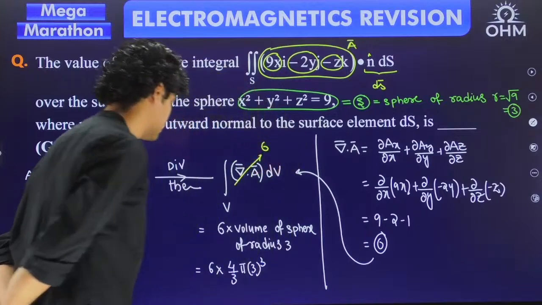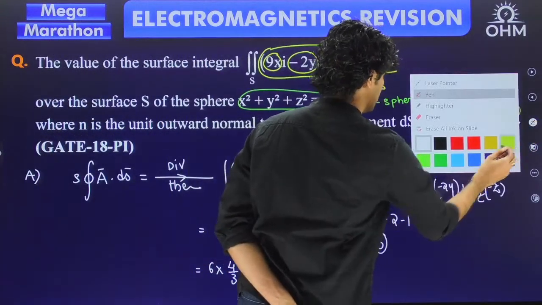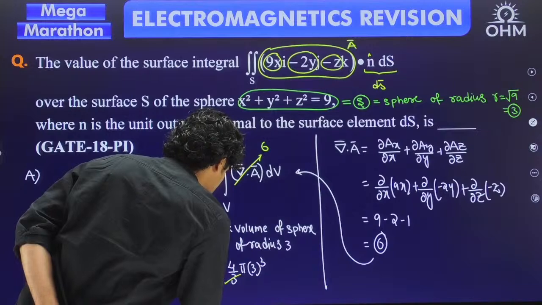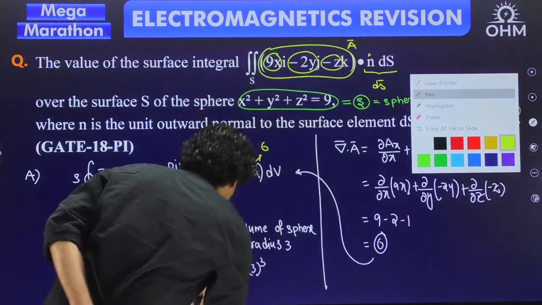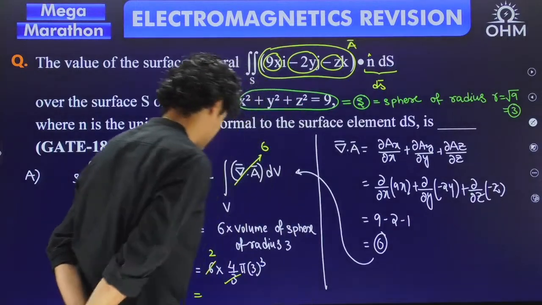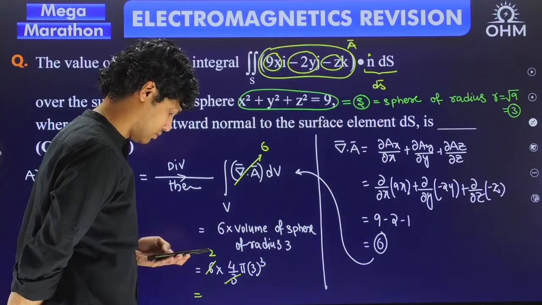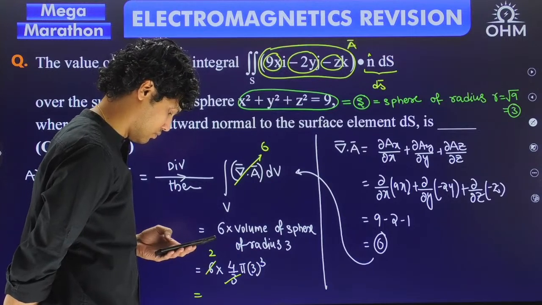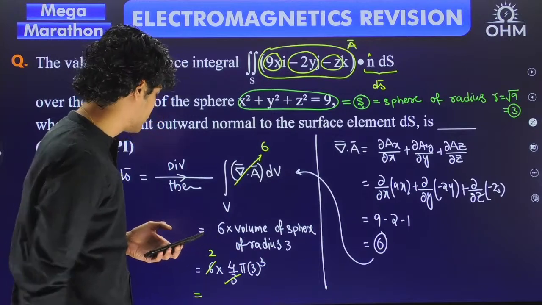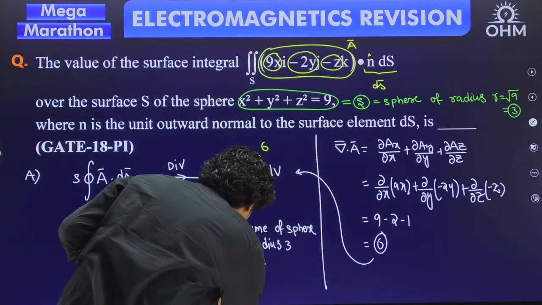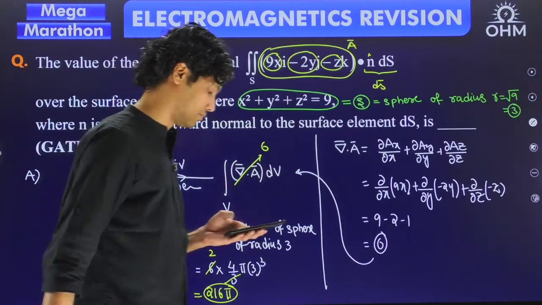If you do the calculation, what will you get? The 3 cancels out 6 two times. The final answer here will be 27 into 8, so 216 pi is what you get.